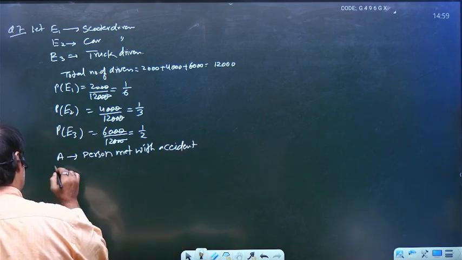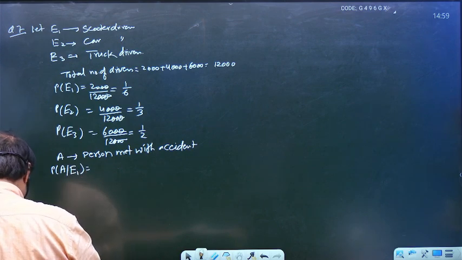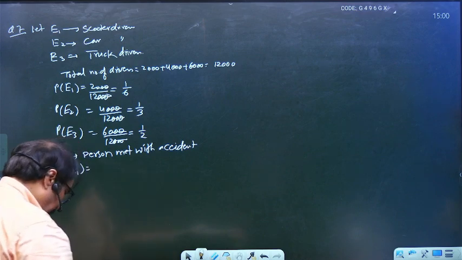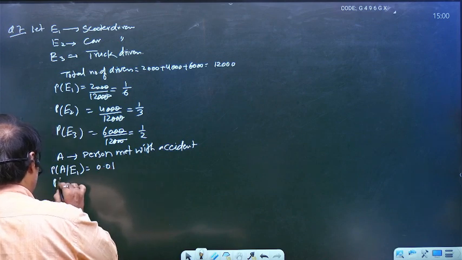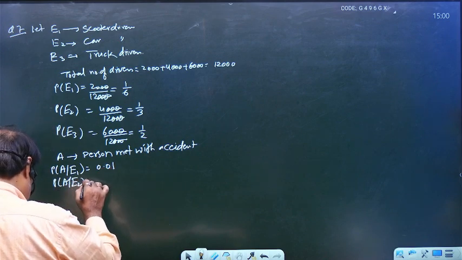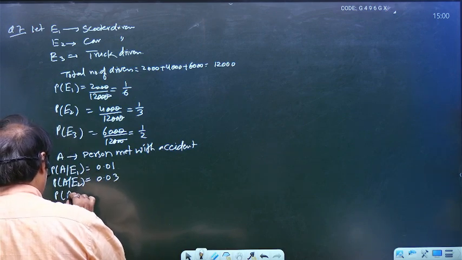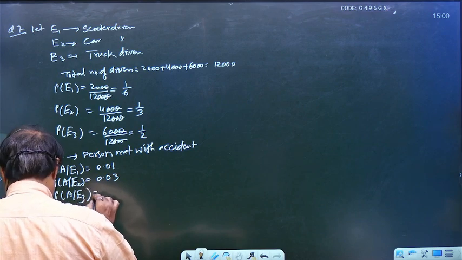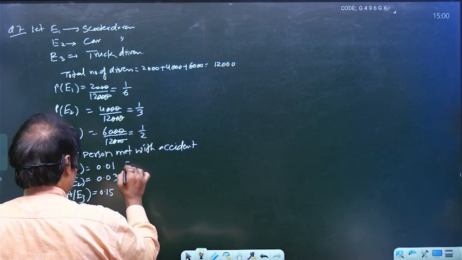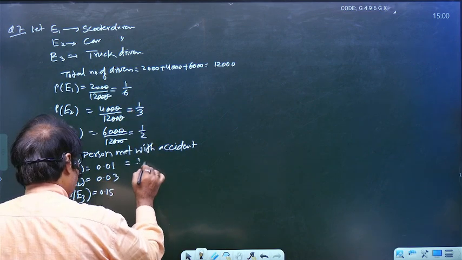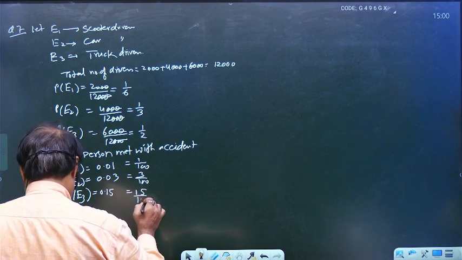So as per the question, probability of A by E1 is given in your question, that is 0.01. Probability of A by E2 is given 0.03, and probability of A by E3 is given 0.15. These are in fraction, so it will be 1 by 100, 3 by 100, 15 by 100.